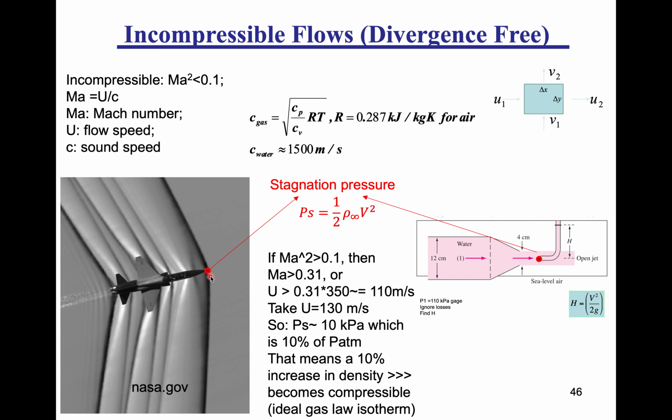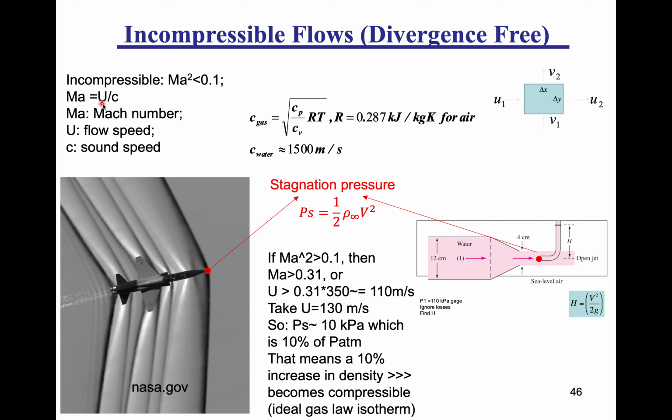We just mentioned the word speed of sound, and somehow that actually has got to do with the compressibility. So we define in engineering, fluid mechanics and aerodynamics an incompressible flow to have a Mach number squared less than 0.1. Many of you have heard of the Mach number, but if you haven't, the Mach number is equal to the velocity of, for instance, this jet, divided by the speed of sound.